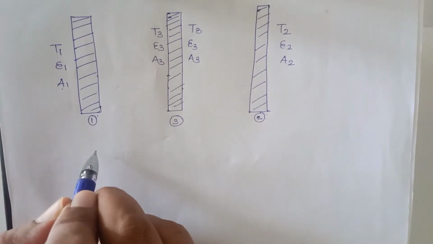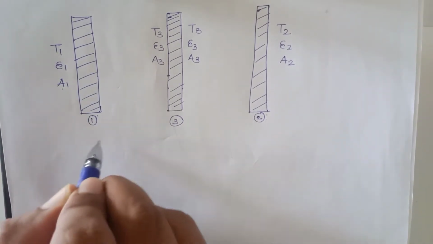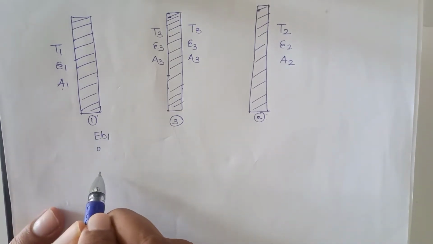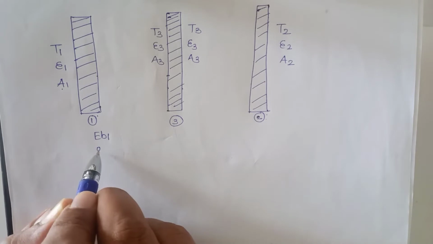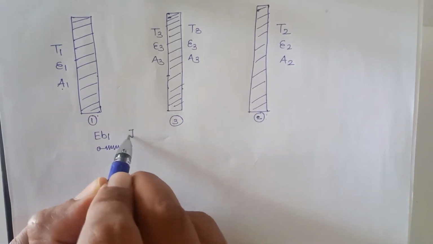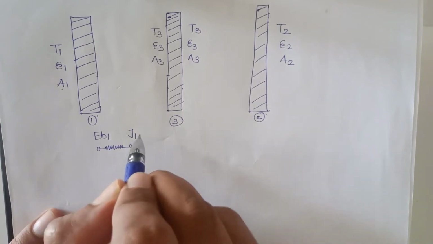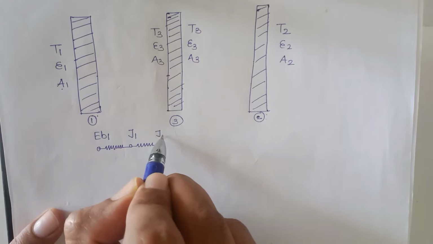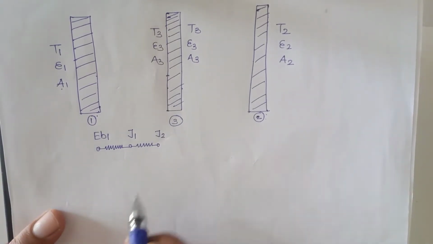We will start from surface number 1. So here it will be EB1, black body emissive power of first surface, and then there will be first surface resistance up to J1, and then there will be some radiosity for the surface number 2. It will be designated by J2.